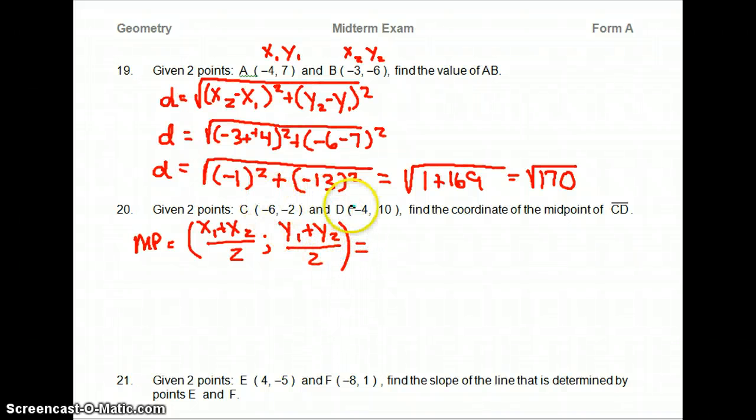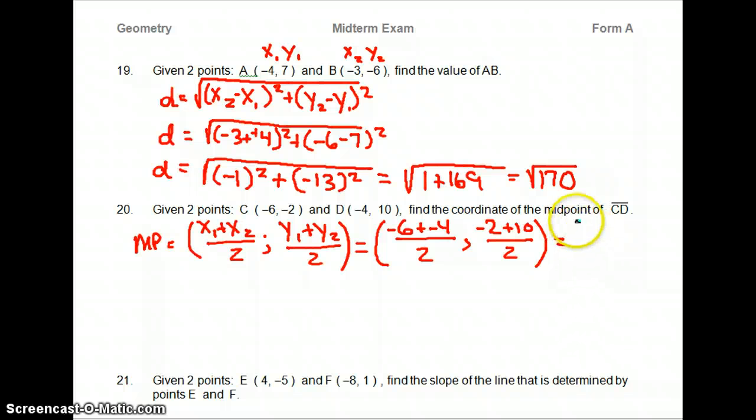So x1 is negative 6, x2 is negative 4, so negative 6 plus negative 4 divided by 2, and negative 2 plus 10 divided by 2. Negative 6 plus negative 4 is negative 10 divided by 2 is negative 5. Negative 2 plus 10 is 8 divided by 2 is positive 4. And that is the coordinates of the midpoint.